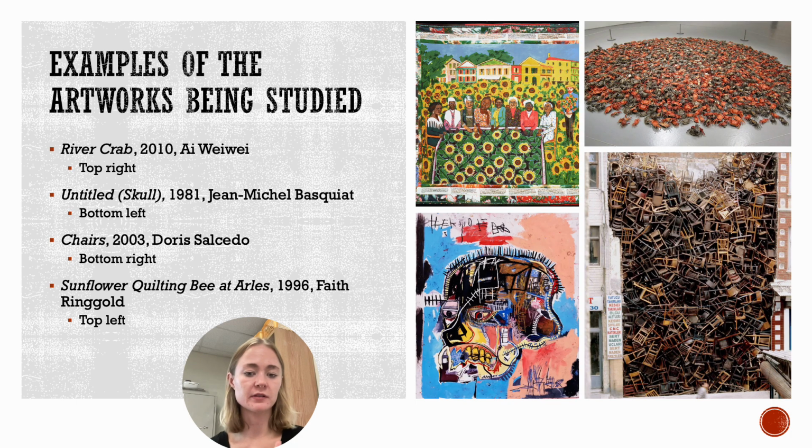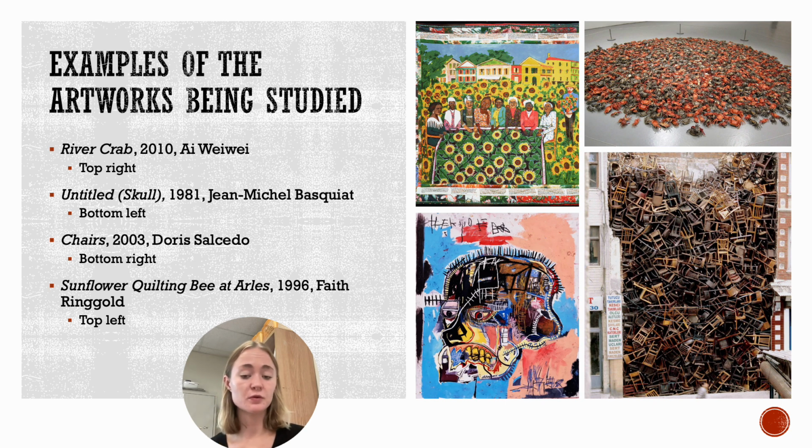And then here's a few examples of artworks that we'll study. River Crabs reflects on how the Chinese government is trying to uniform its citizens. It's saying that the Chinese people are like helpless crabs caught in a net. Then the Untitled Skull is exploring the duality of internal and external in a person. And then Chairs is a reminder of a mass grave.